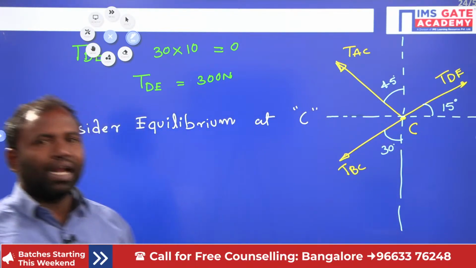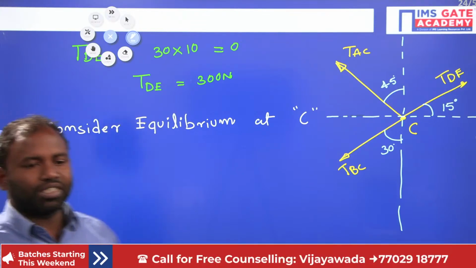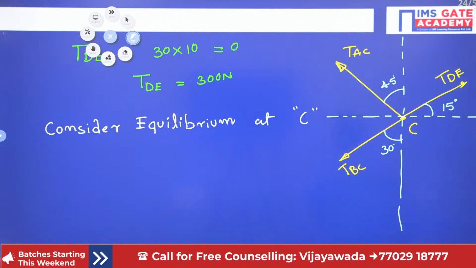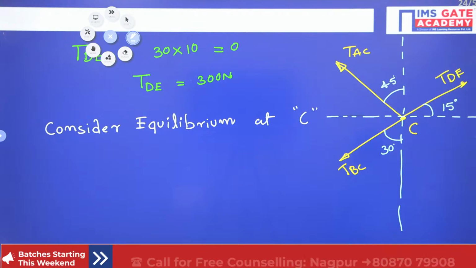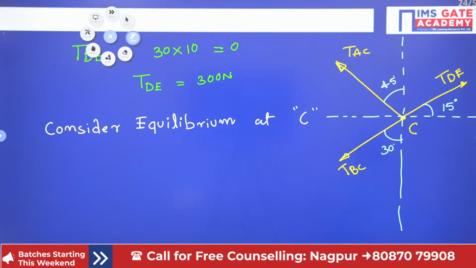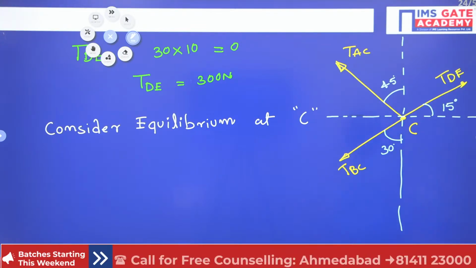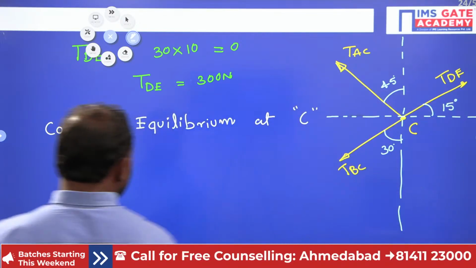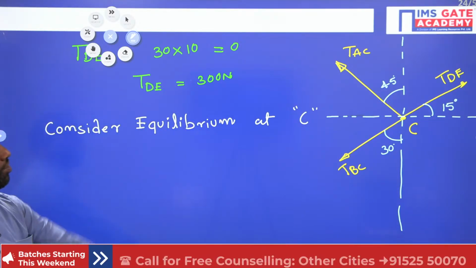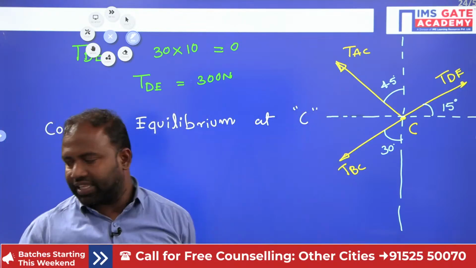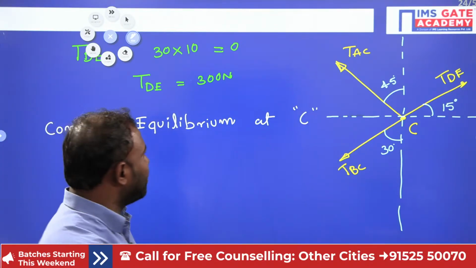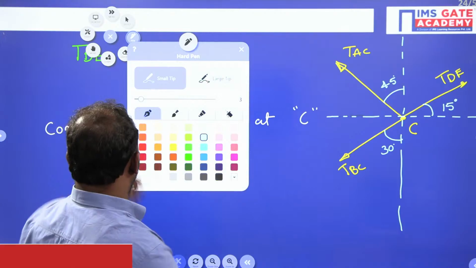Here can we apply Lami's theorem, guys? Yes. For applying Lami's theorem, we need to decide the angles between the tensions. We need to decide the angle between the tensions. Right. Now let's decide that.